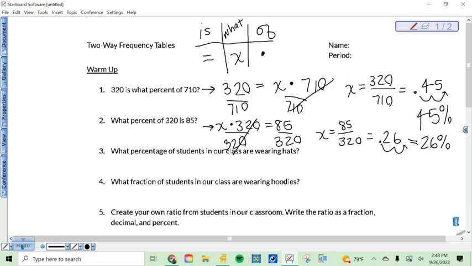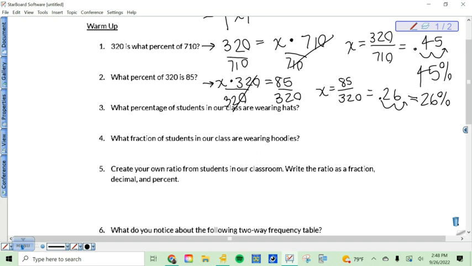What's the total? 2, 4, 6, 8, 10, 12, 14, 16, 18, 20, 21, 22. Should we count me or no? Yeah. 23. It's true, everybody is a student. 23, so that's my whole. What's my part? Is how many people are wearing hats? Just 3. So yeah, 3 over 23 gives us what as a decimal?